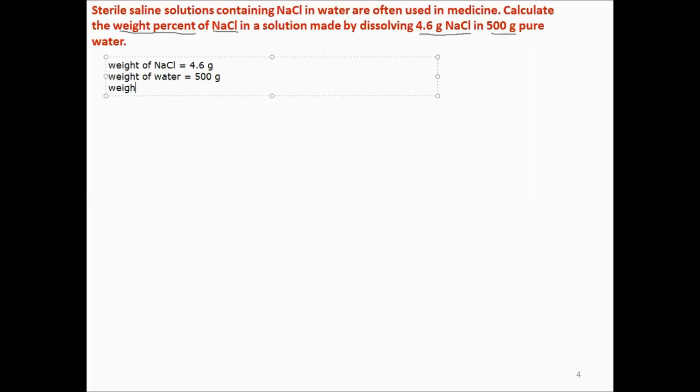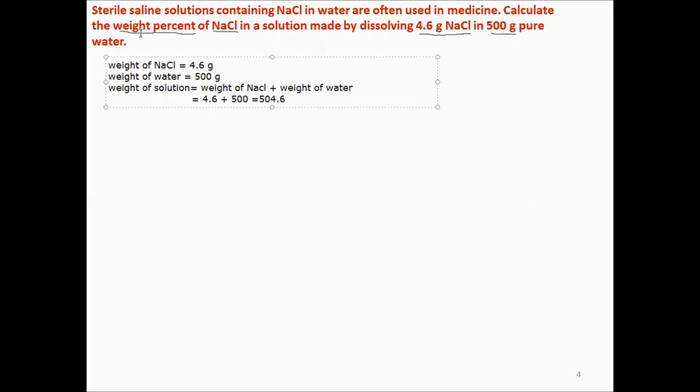So we can write weight of solution is equal to weight of NaCl plus weight of water, which is 4.6 plus 500, and it comes out to be 504.6. So it is the weight of solution.